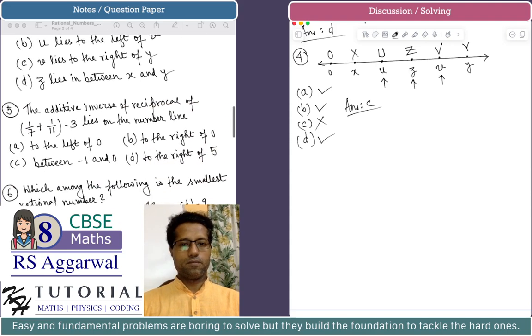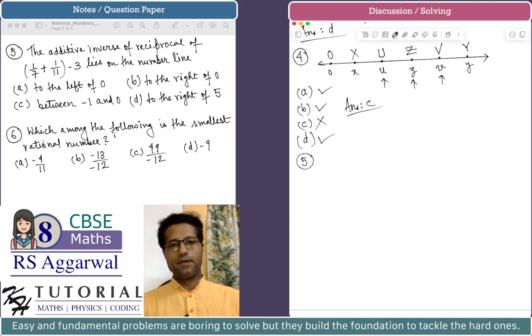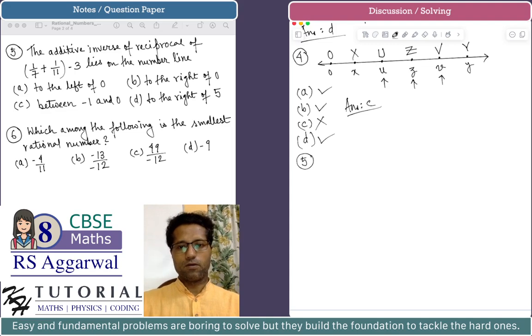Okay, let's see problem number 5. The additive inverse of the reciprocal of 1 by 7 plus 1 by 11 minus 3 lies on the number line. Let's find out where 1 by 7 plus 1 by 11 minus 3 lies on the number line.